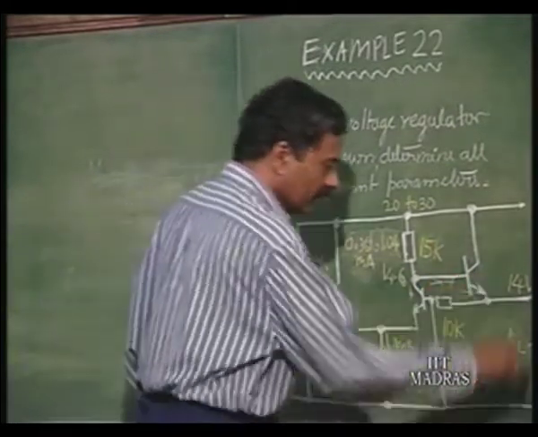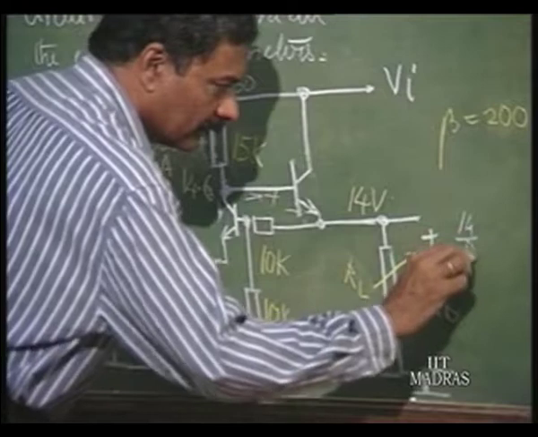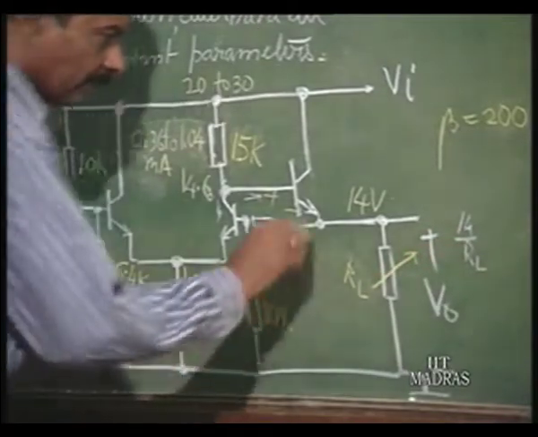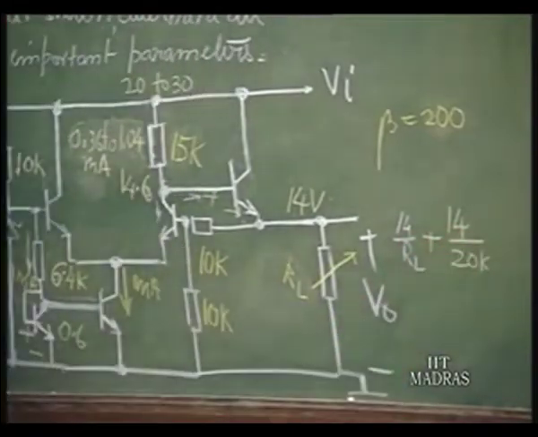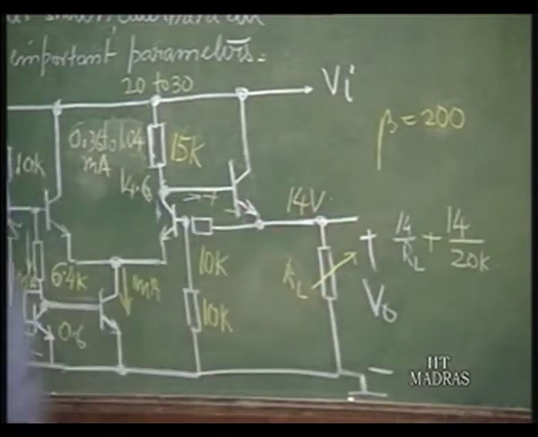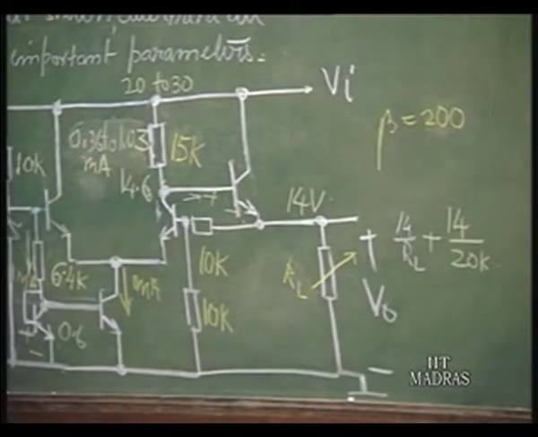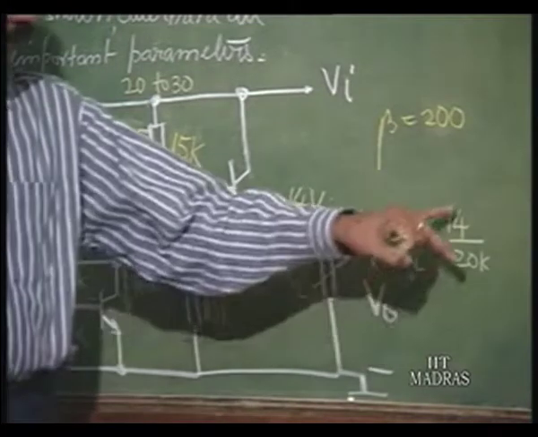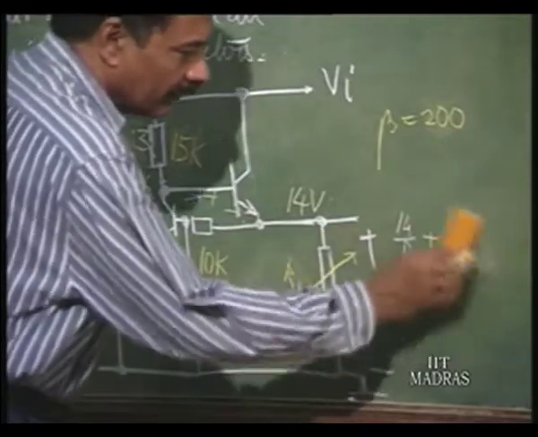So, the current in this is 14 by RL, plus of course 14 by 20 K. 1.03, that does not matter, not much of a change. So, 14 by RL plus 14 by 20 K, which is how much? This is 0.7 milliamperes.